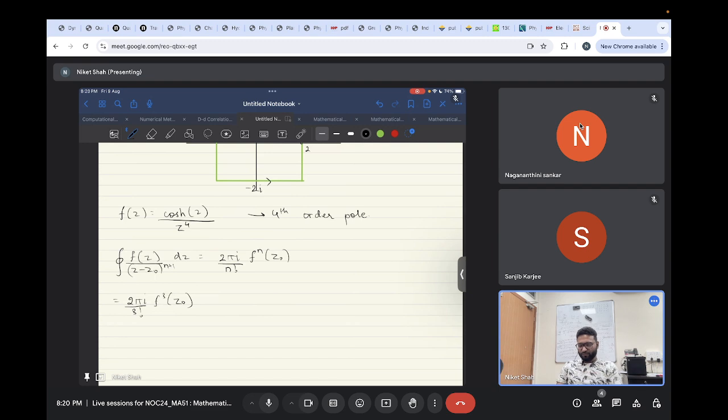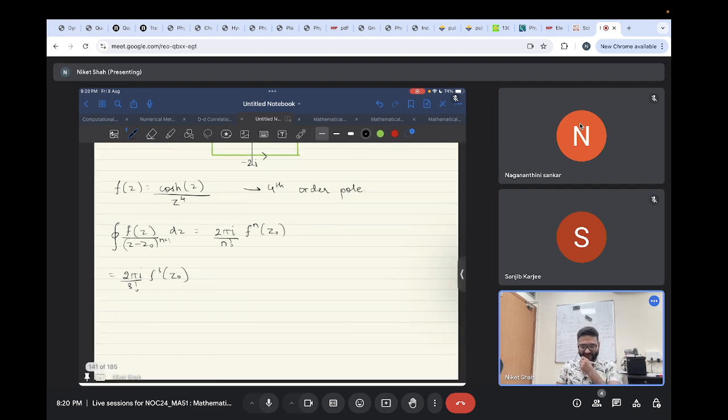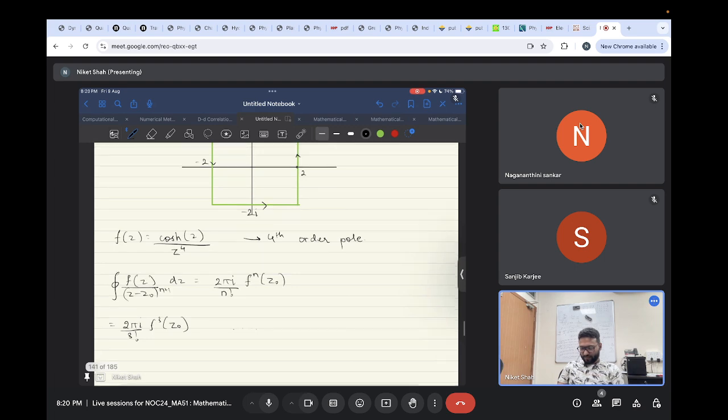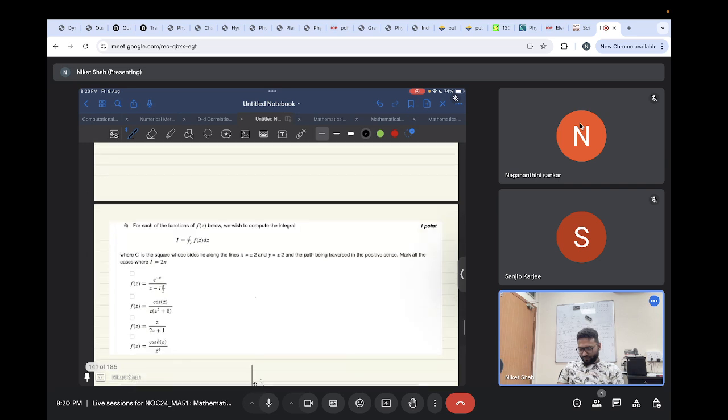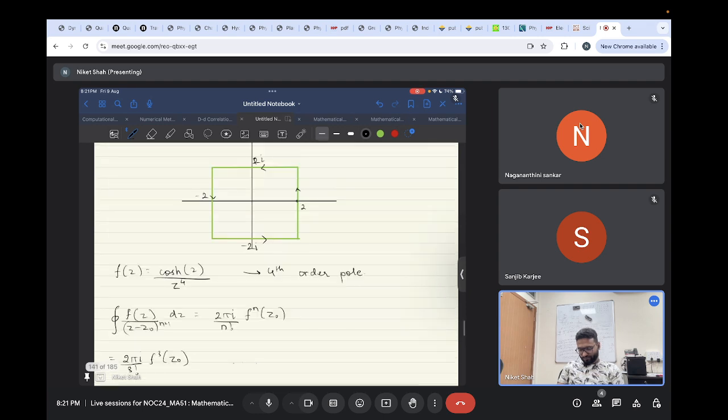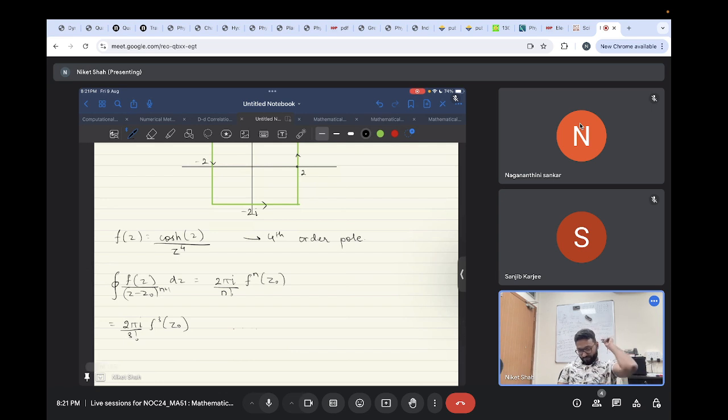Then substitute the value z equal to 0. So you can solve this one as well. 2 pi i by 6 multiplied by this. Pretty much doable.